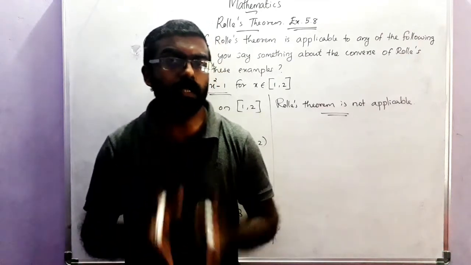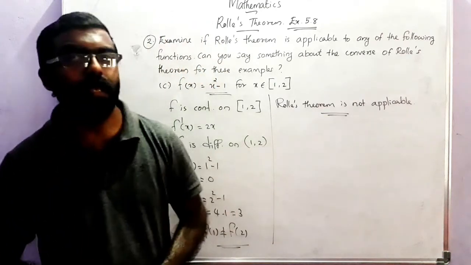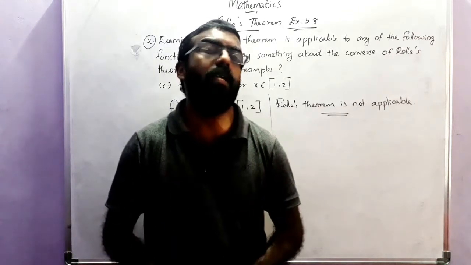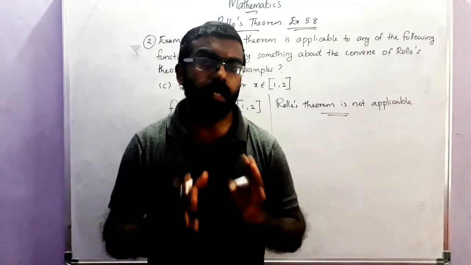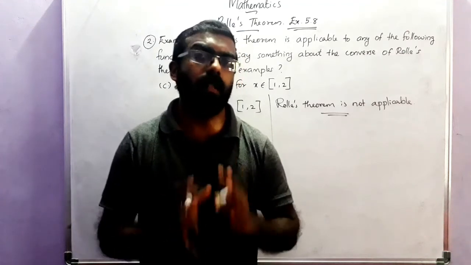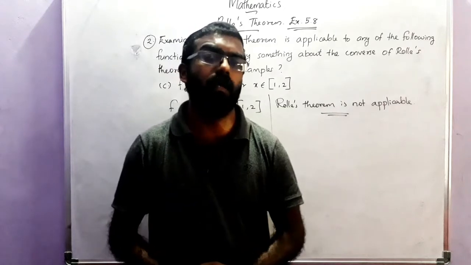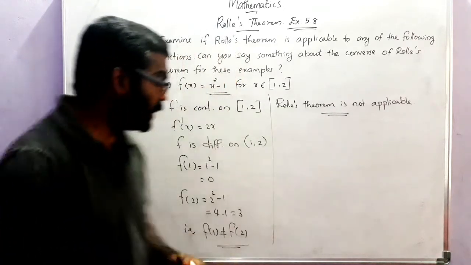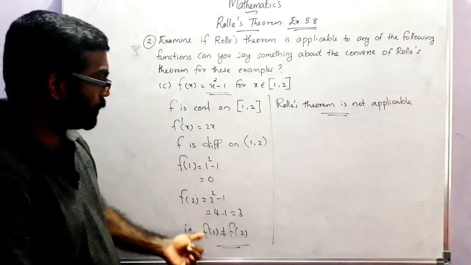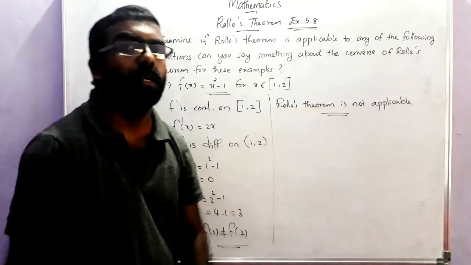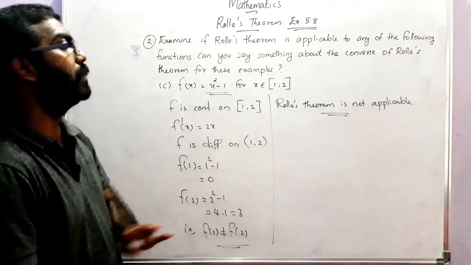The given function should be continuous on closed interval [a, b], differentiable on open interval (a, b), and f of a is equal to f of b. If the three conditions are fulfilled, then there exists some c in open interval (a, b) such that f dash of c is equal to 0. Here the third condition is violated, that is f of a not equal to f of b. Hence Rolle's theorem is not applicable for this function.